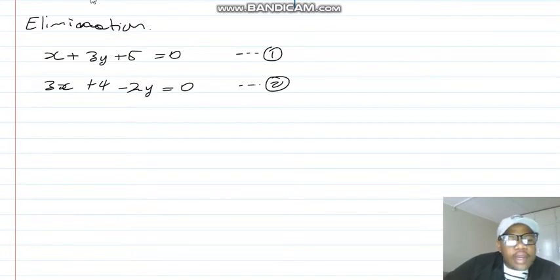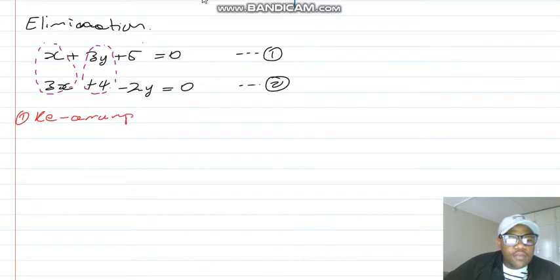What you would like to see happening is to get rid of one variable first. You can see that this is aligned, it's both x's, but these are not nicely matched. It's a 4 and the 3y. So the first thing you would like to do is rearrange your equations if they are not okay.